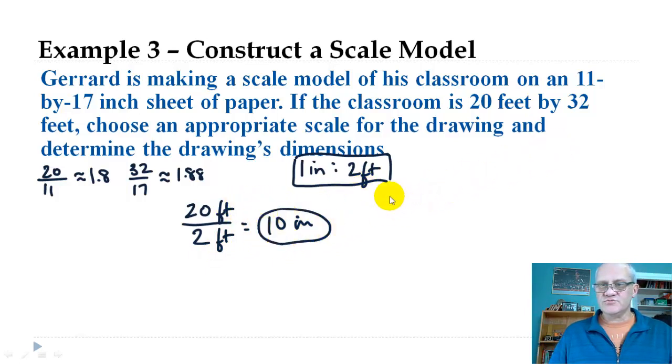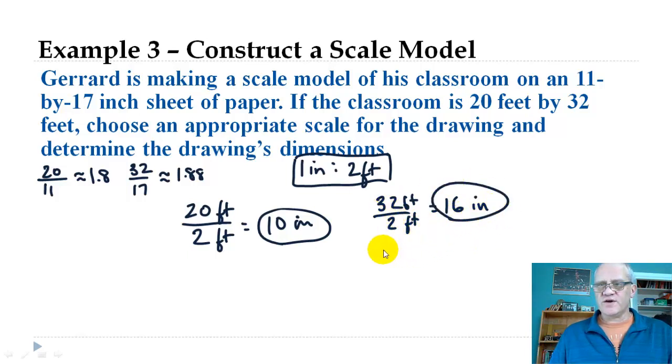And then the 32, you'll have 32 feet divided by 2 feet, that's going to give you 16. And so that means you'd have 16 inches. So if you have 16 inches, every inch is 2 feet, that'd give you 32.